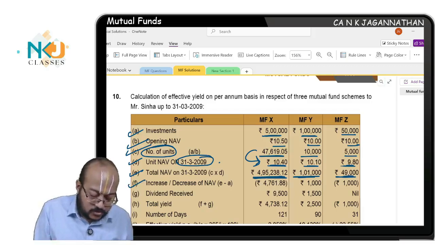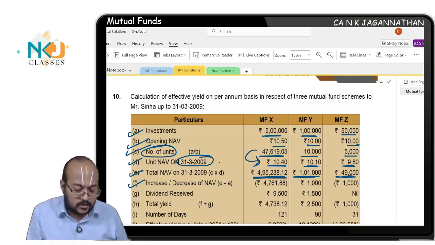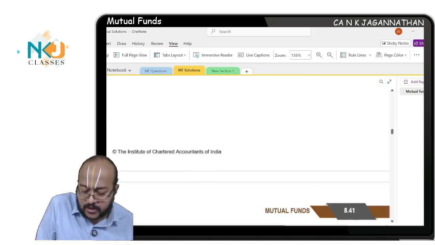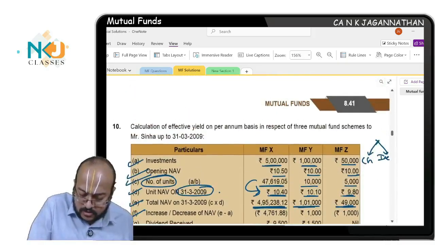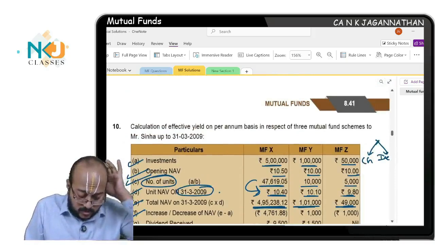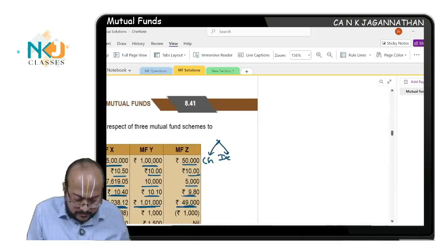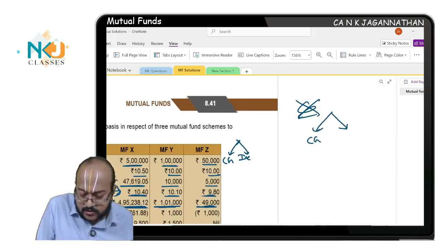Now, you see the increase and decrease of NAV, which means the return you need to find out. Very simple. I told you the return may be capital gains and income, majorly the return will come from two sources. In this case I am earning capital gains and income.